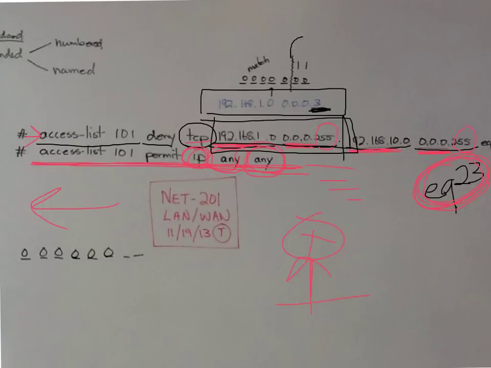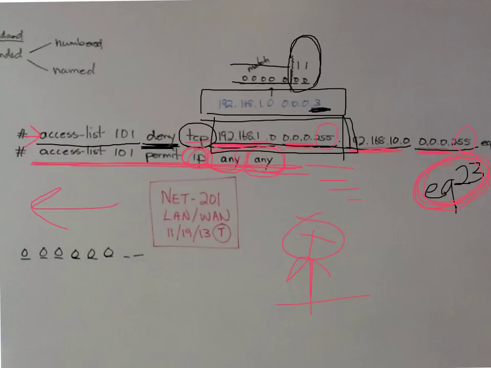So the 3 is going to tell us we're only ignoring the last 2 bits. So when we have an address here, if all of these bits match, then we'll do the deny.